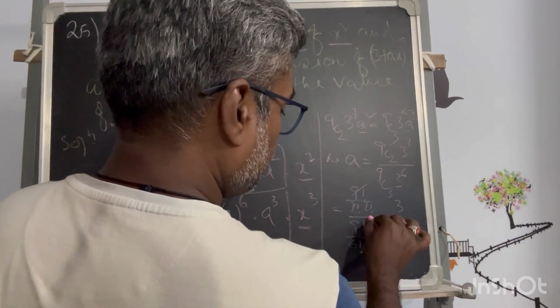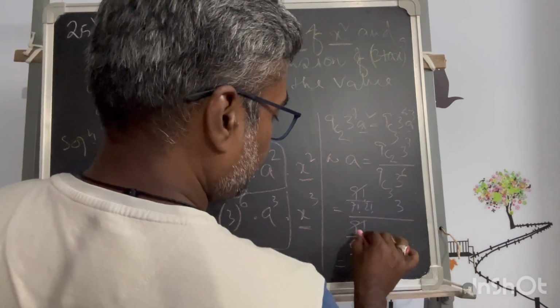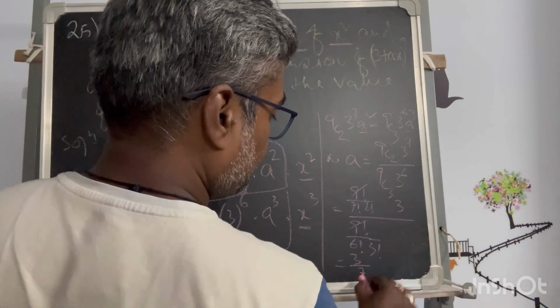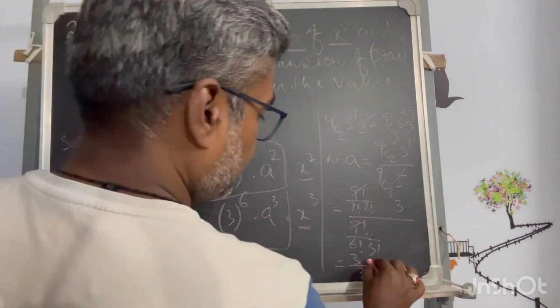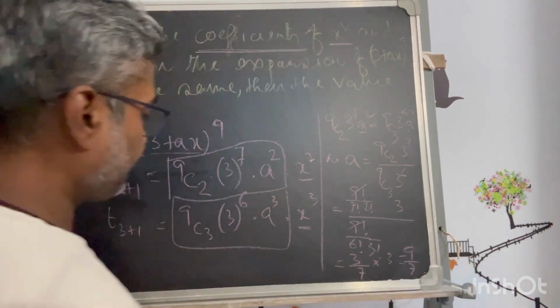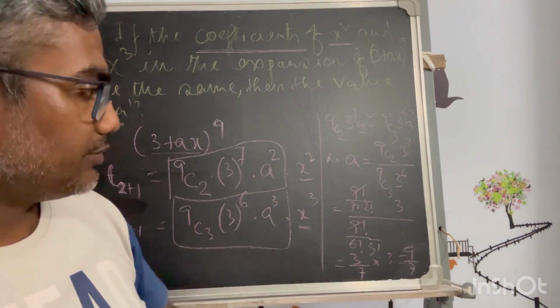Cancelling, 3 factorial means 3 goes up, 7 factorial below is cancelled with 6 factorial, leaving 7 into 3 again. So this will be 9 by 7. A will be 9 by 7.